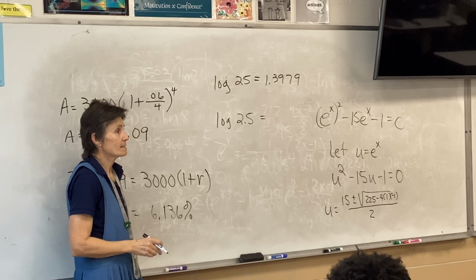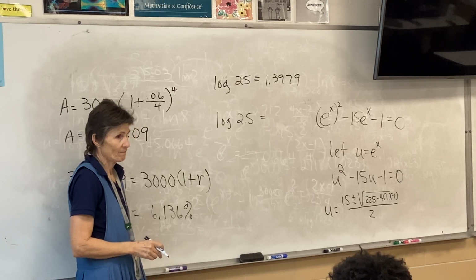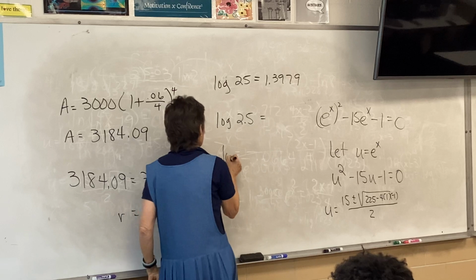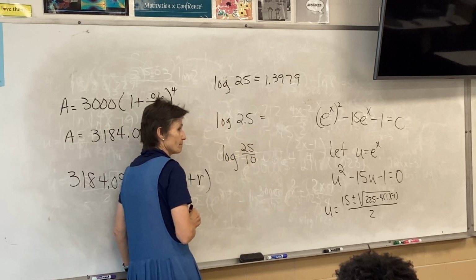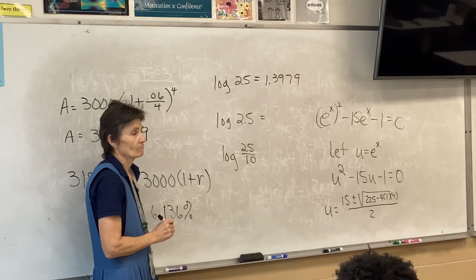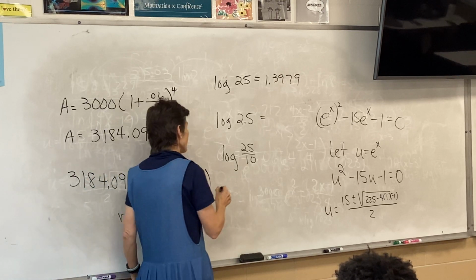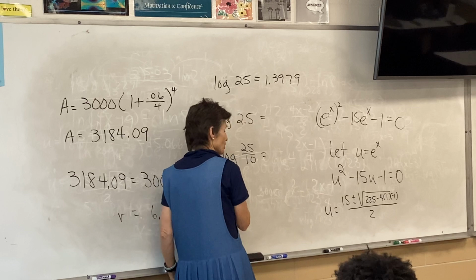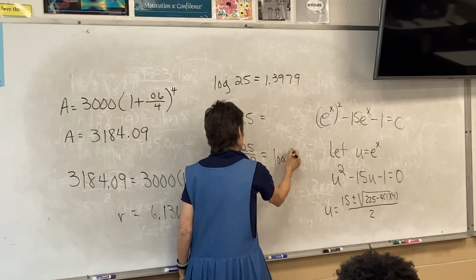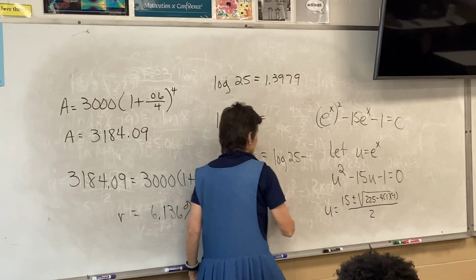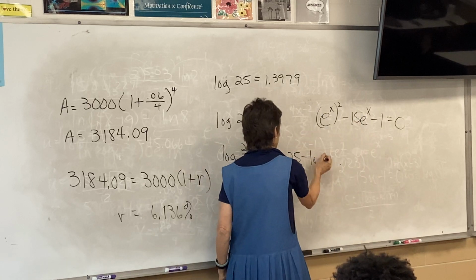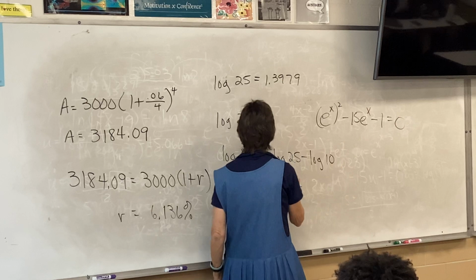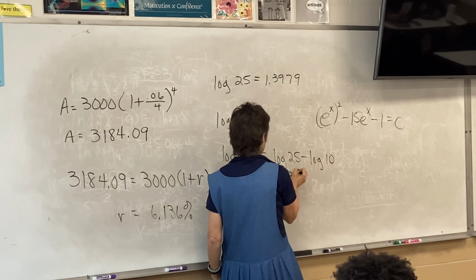Well, isn't 2.5 the same as 25 divided by 10? And when I have the logarithm of a division, it's going to be the log of 25 minus the log of 10. That number they gave me.